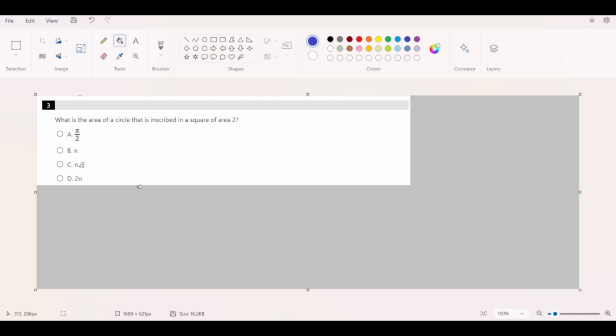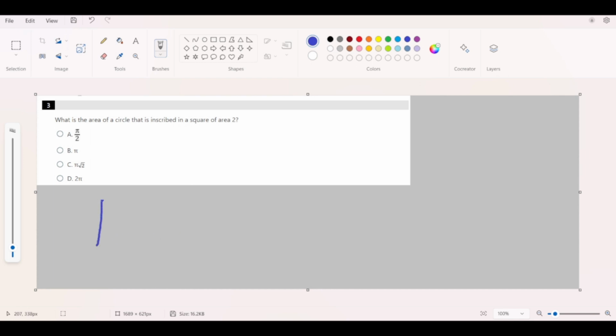Alright, y'all, for the third problem, we have a question that's asking us, what is the area of a circle that is inscribed in a square of area 2? Now, that might sound confusing at first, but for these geometry problems, it's always helpful to draw a picture.